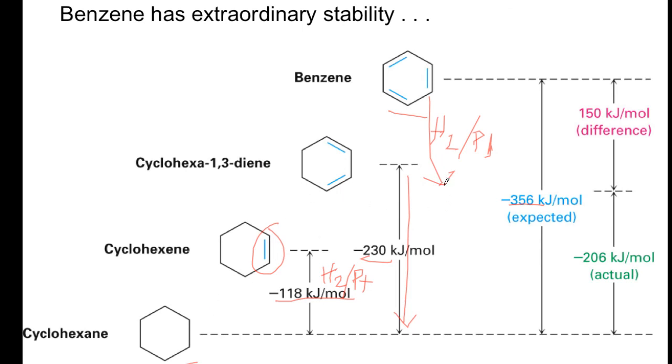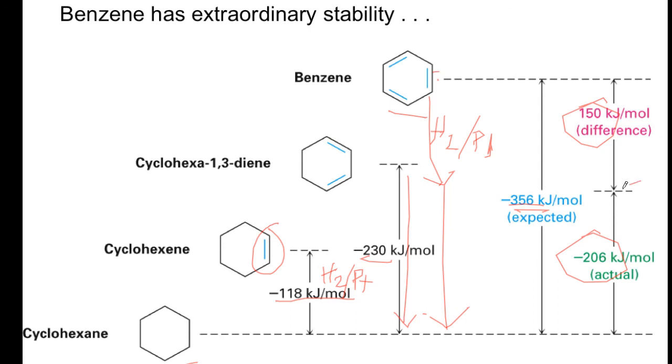And when I do that, I do get a net release of energy, but not nearly as much energy as I expect. I expected 356 kilojoules per mole. When I do the experiment, I find that I only have 206 kilojoules per mole given off, not 356. In fact, there's 156 kilojoules less given off than I expect, and that tells me that the benzene is not up here in energy, not real high.